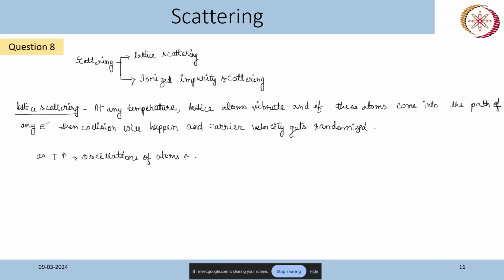When the oscillations increase, there will be more probability of scattering, because there will be more probability that electrons will come into the path of these oscillating atoms. So at high temperature there will be more scattering.